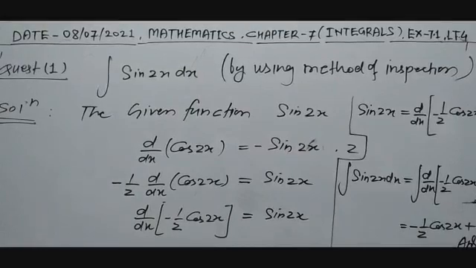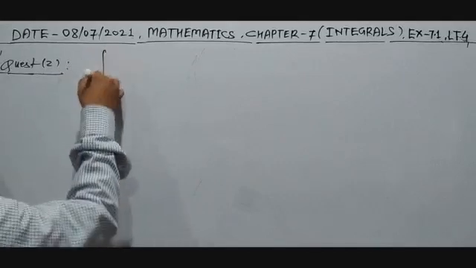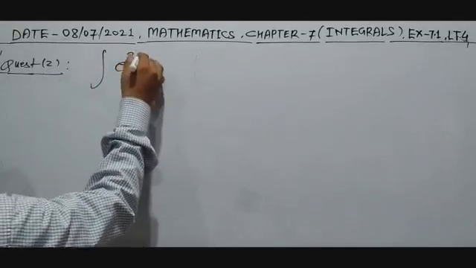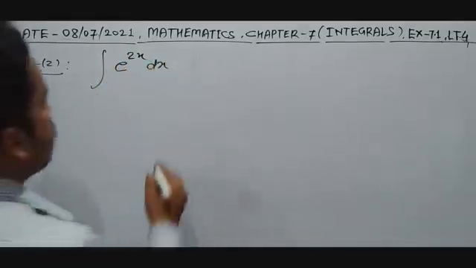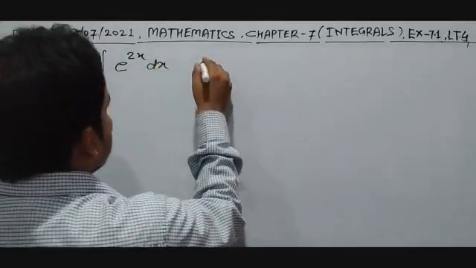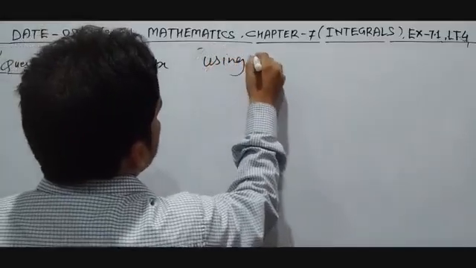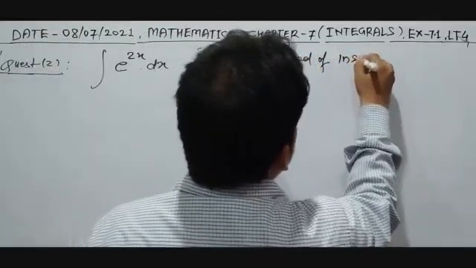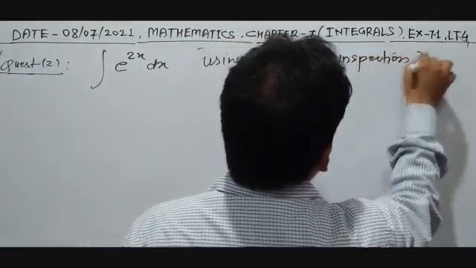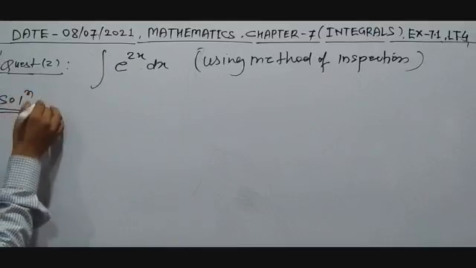Now question number 2 is: integrate the function e to the power 2x using the method of inspection. First of all, you will consider the given function. Solution is here.